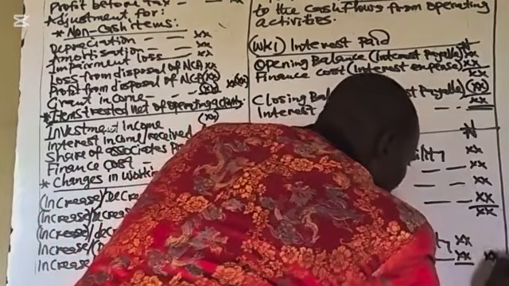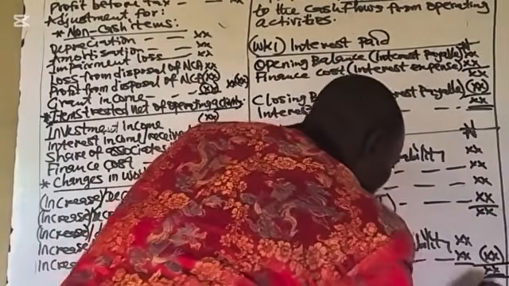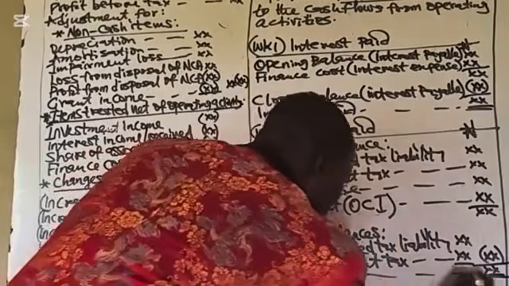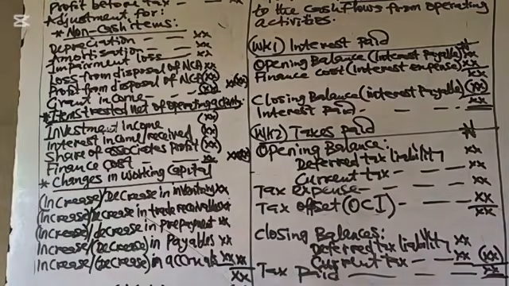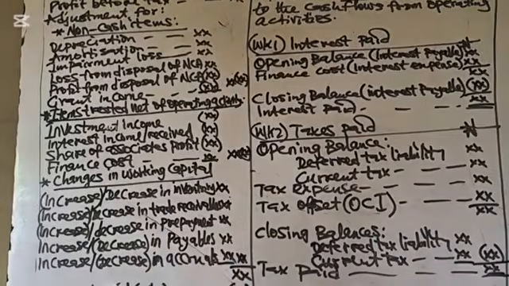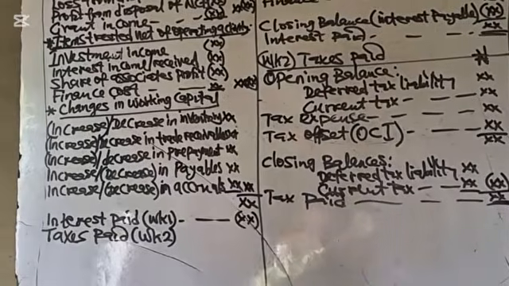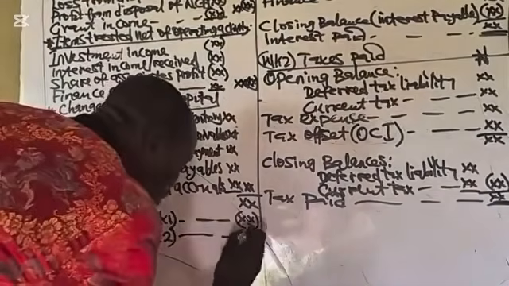After summing them up, you subtract it from this total, you get the tax paid. Now, this is how you get the amount of tax paid, the amount paid as tax that will be recognized in the statement of cash flows under the operating activities.